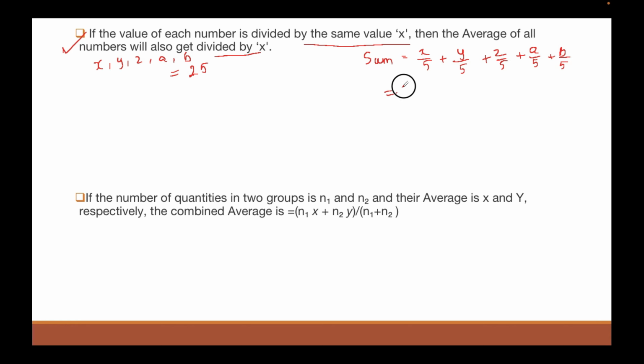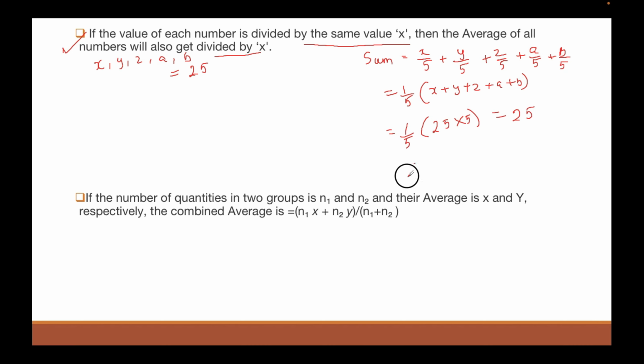So if I take 1 by 5 as common, we will be getting x plus y plus z plus a plus b. Now what will be the total sum? Total sum would be 25 into 5. I previously explained how it's coming. So 25 into 5 is 125. So I will be getting the new sum as 25.